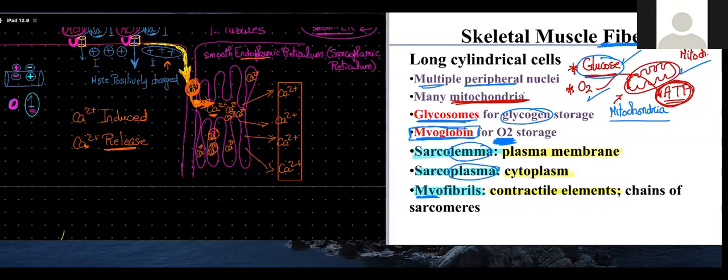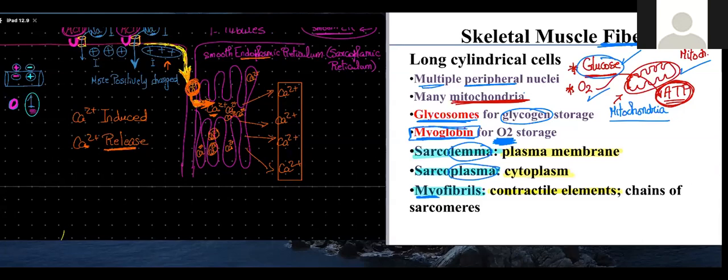Did I have any contraction of the muscle cell so far? Did you get any muscle contraction? Did I mention anything about shortening the length of the muscle cell? No, not yet.